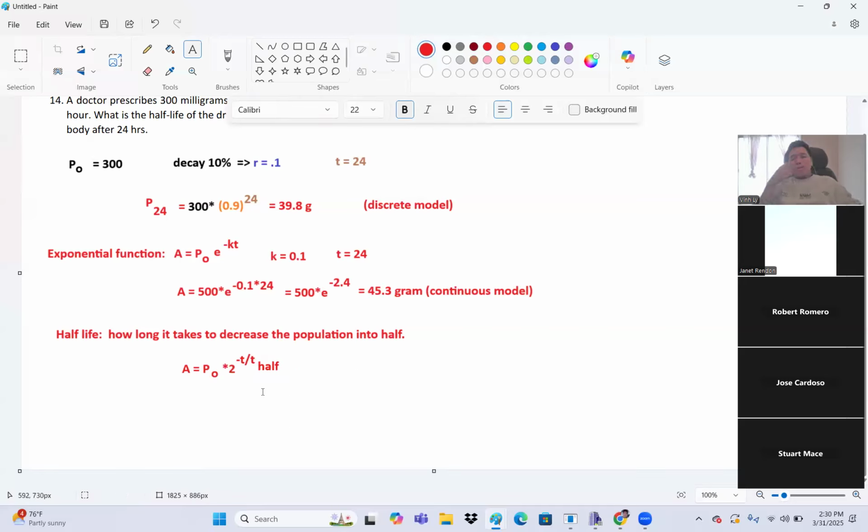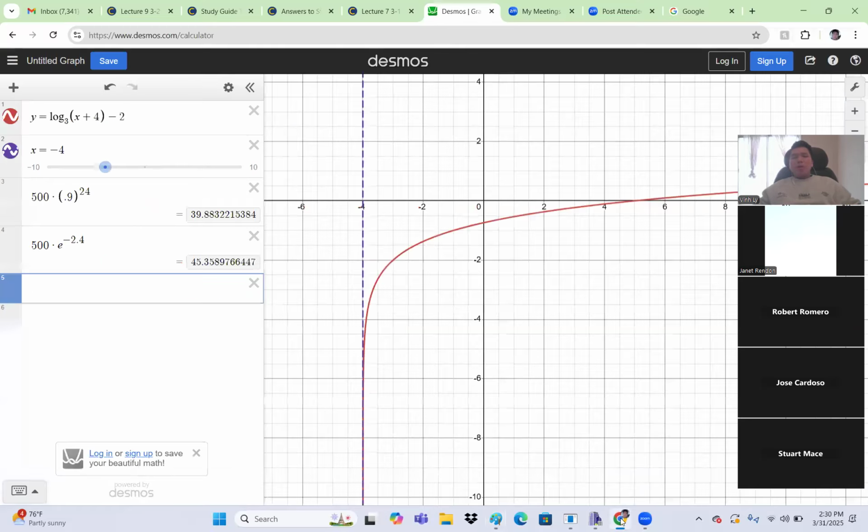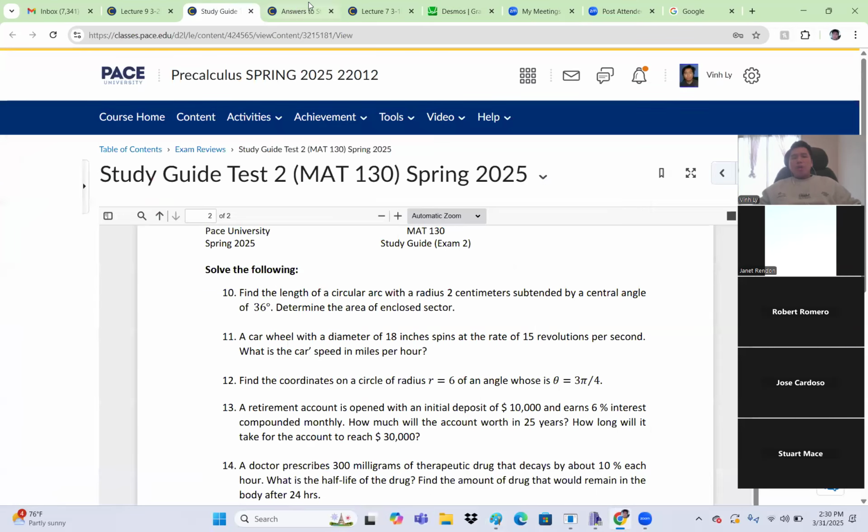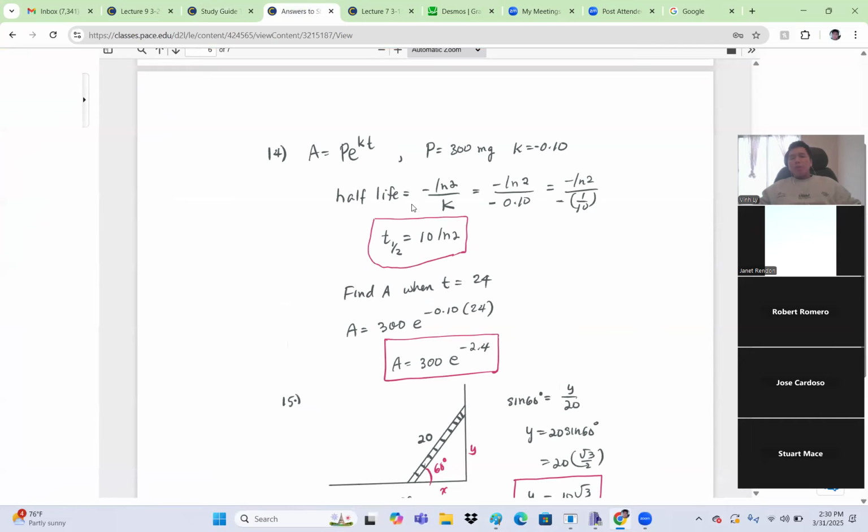So we need to figure out what it is. For the half-life, we can use the formula that we have established, or we can also use the form that I showed you guys, which is negative ln2 over k, whatever you want.